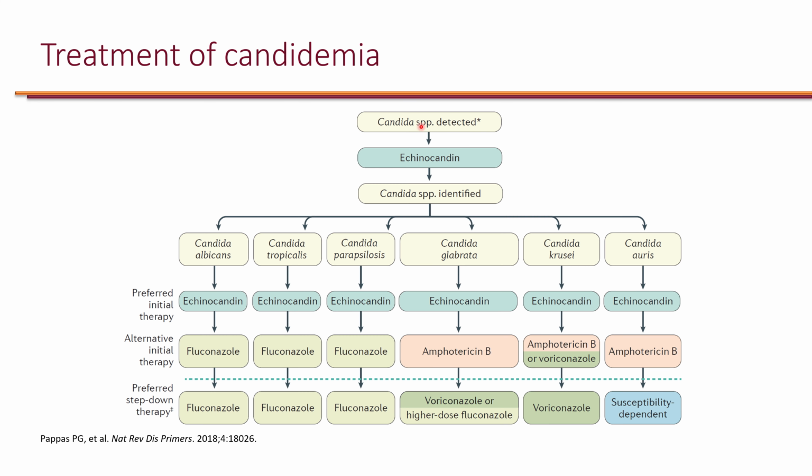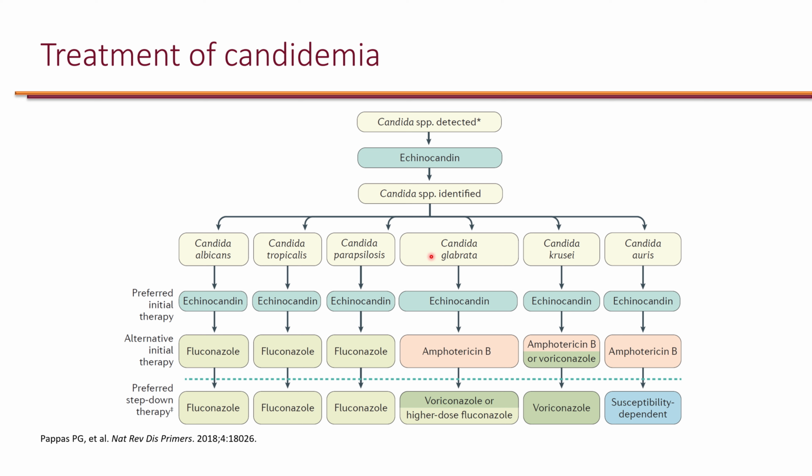Now here's a visual of the recommendation. So essentially, for most patients, empirically, an echinocandin is what's prescribed. And then once the species are identified, depending on susceptibility results, the patients may be transitioned to fluconazole for oral, especially albicans, but then glabrata is where we get a little problematic.